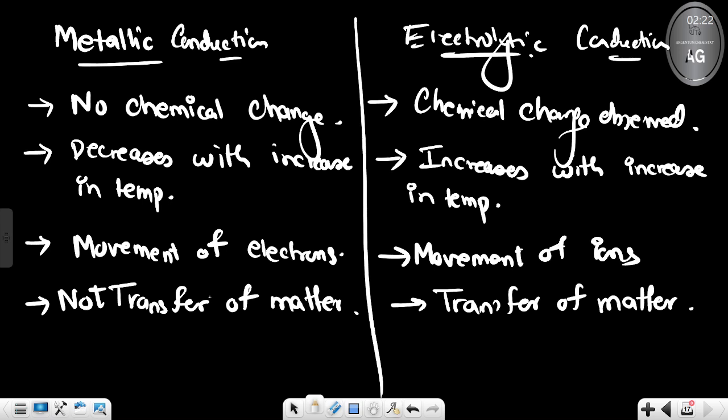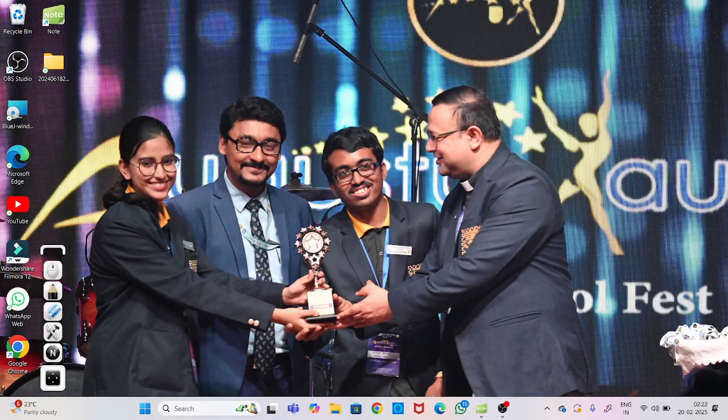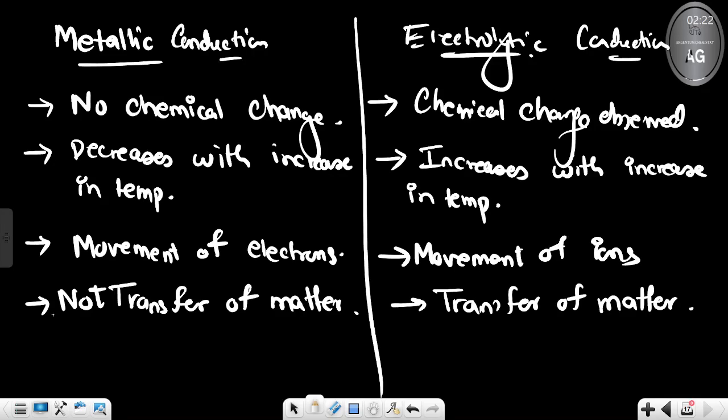If it is an electrolyte, then conduction will be due to movement of ions, right? Next, as electrons are not considered to be matter, there is no transfer of matter. On the other hand, there will be transfer of matter in the form of ions in case of an electrolytic conductor. Simple. Clear? This difference between both of them is very important for you all to remember.